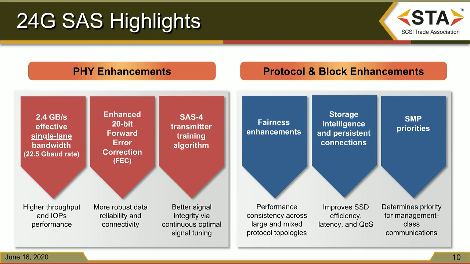The blue side is protocol enhancements, so block functions that improve efficiency in large-scale SAS systems. So we've got the electricals and the protocols in the two sides. We're going to take a little bit more detailed look at two of the PHY enhancements, one for forward error correction and the other one for transmitter and receiver training and tuning in the next few slides.